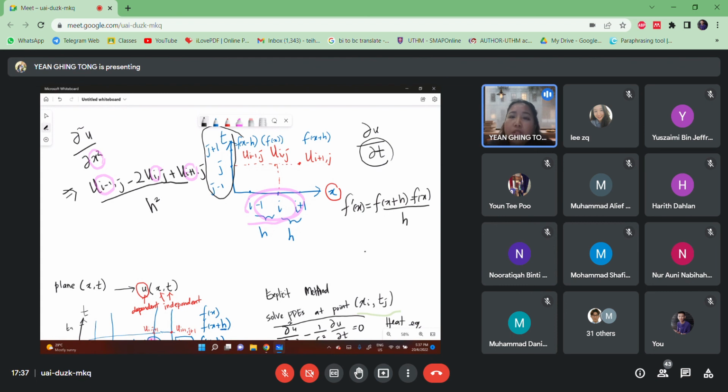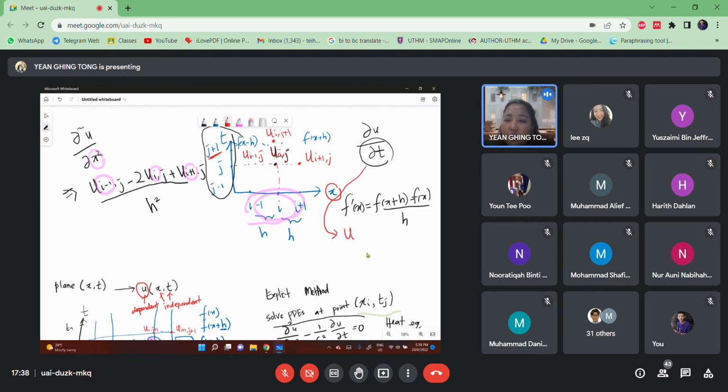So looking from here, this one Ui,j, if I add the step size upward, it goes up here, so it becomes level j plus 1. So this will be Ui,j plus 1.